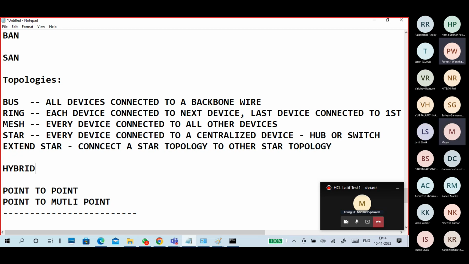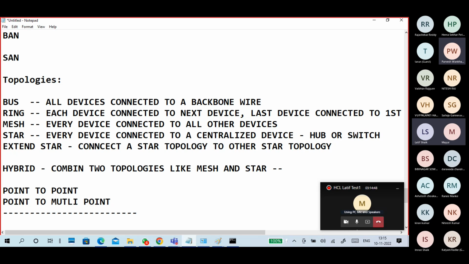Hybrid: not connect, combine two topologies, like mesh and star.